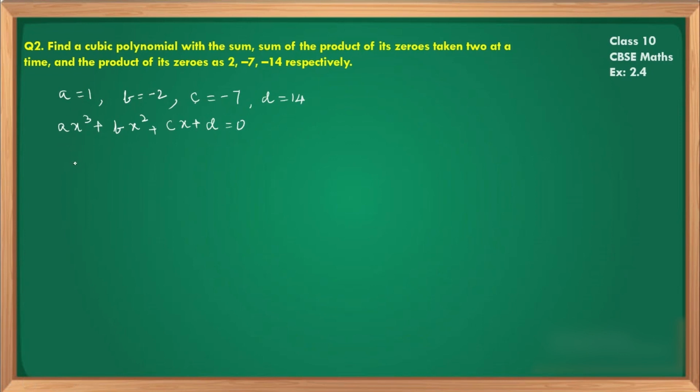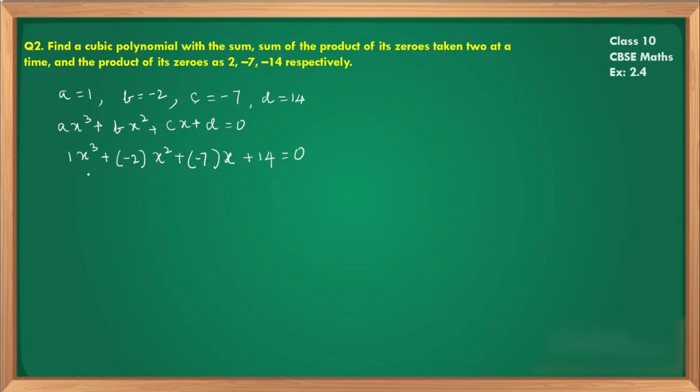We have 1x cube plus b is minus 2, so put minus 2 in a bracket and then write down x square. Put this plus here. C value is again minus 7, so put minus 7 within a bracket, then put x, then plus d. D is 14, and this is equal to 0.